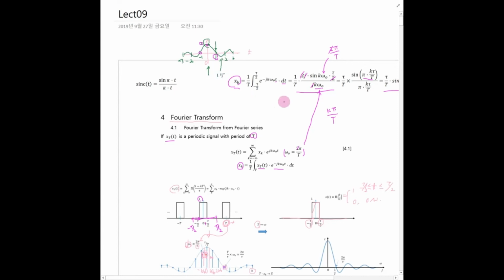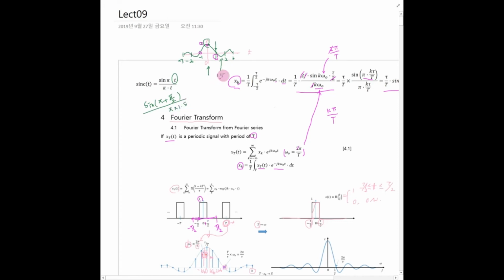If t equals 1.5, then the value is sine of pi plus pi over 2, divided by pi times 1.5.